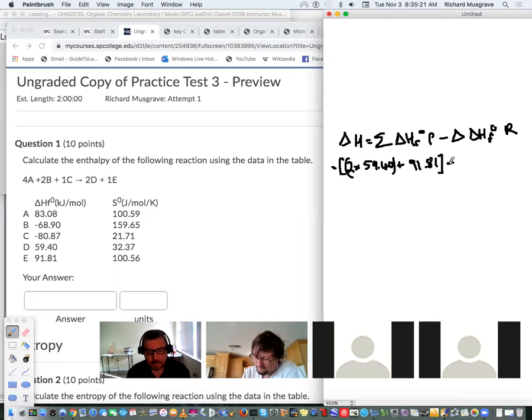And then minus the reactants, so 4 times A plus 2 times B plus C.